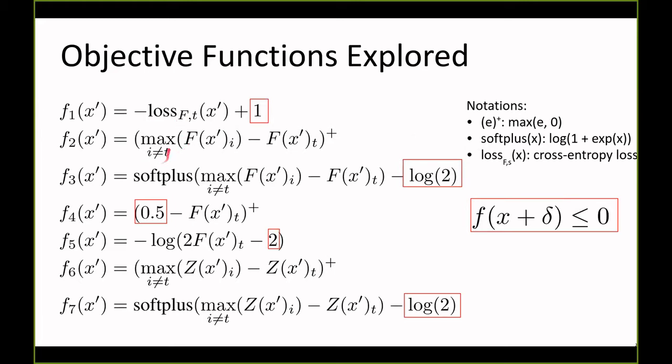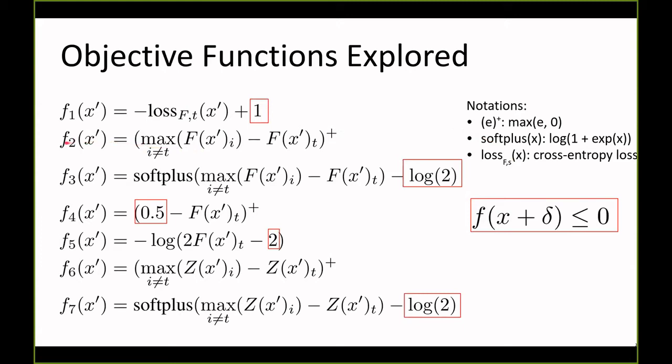If one of the non-true class probabilities is greater than or equal to 50%, or 0.5, then this term here will become 1 or greater than 1. So this entire term becomes negative. And if one of the other classes is greater than or equal to 50%, then we know that it's not going to pick the true class. So this follows our definition.